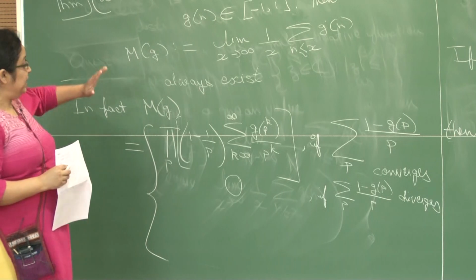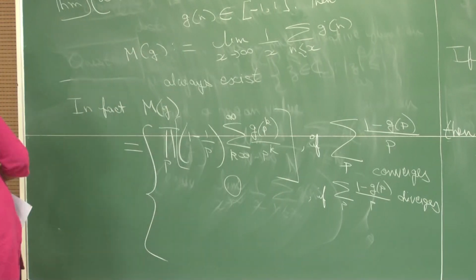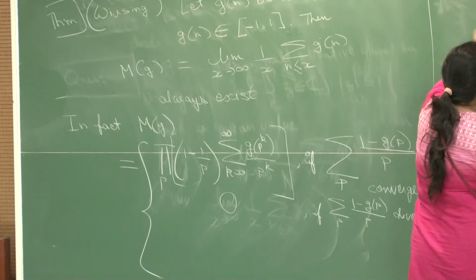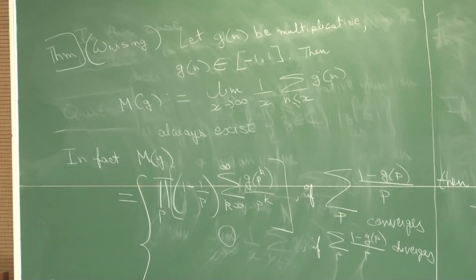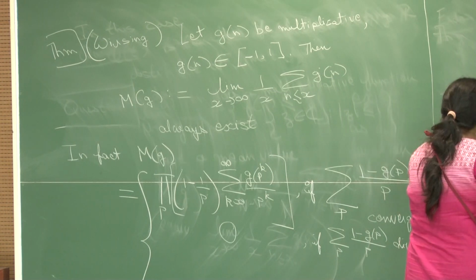Okay. So, we can apply this theorem also to partial sums of the Mobius function because they are real valued. Now, we do not have to worry about this p to the it and so on.